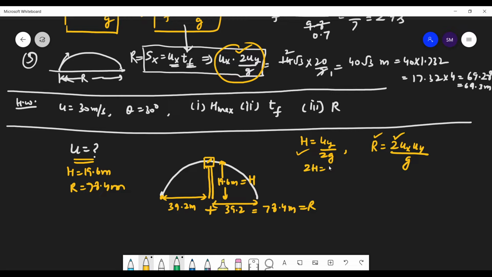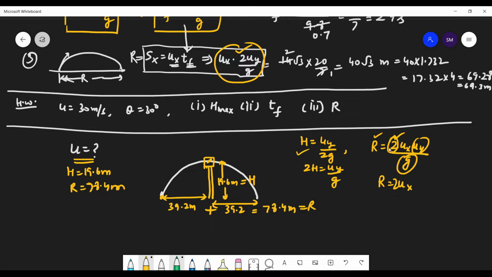So 2h is equals to uy by g. So put this value of uy by g as 2h. So what will you get? R is equals to ux into... so see this 2 will remain here, sorry.